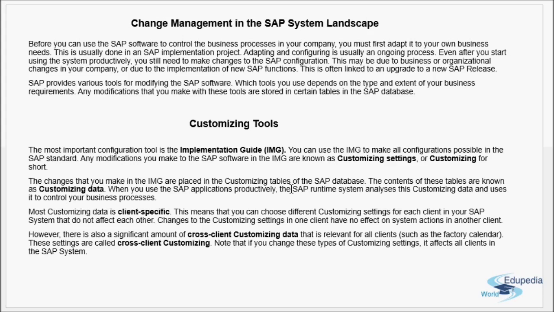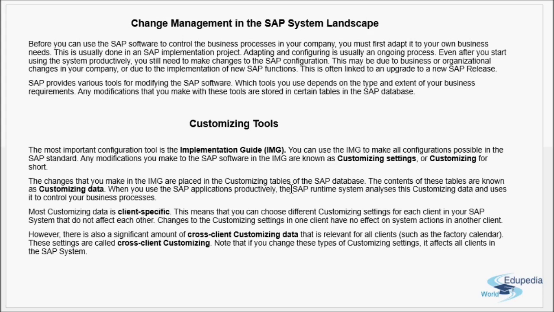So customizing settings are nothing but the changes which we make to the standard SAP software, and the tool used for this is the IMG, the implementation guide. Most of the customizing data is client specific, and we have learned about clients earlier.